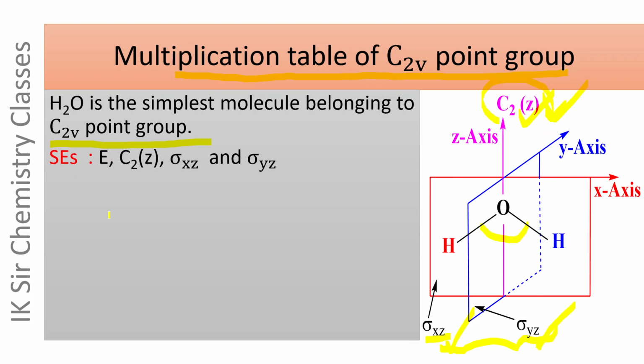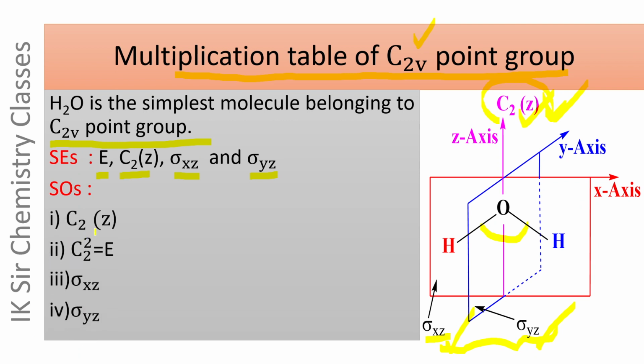Thus, the symmetry elements in H2O molecule are identity, C2z, sigma xz, and sigma yz. Four symmetry operations can be carried out on H2O molecule which belongs to the C2v point group, and these symmetry operations are given here: C2z, C2 to the power 2, that is identity, sigma xz, and sigma yz.